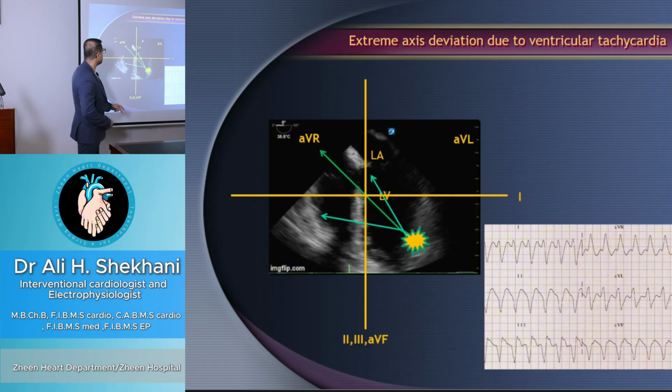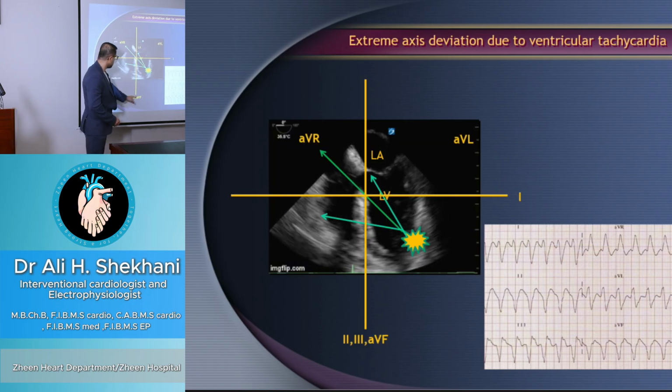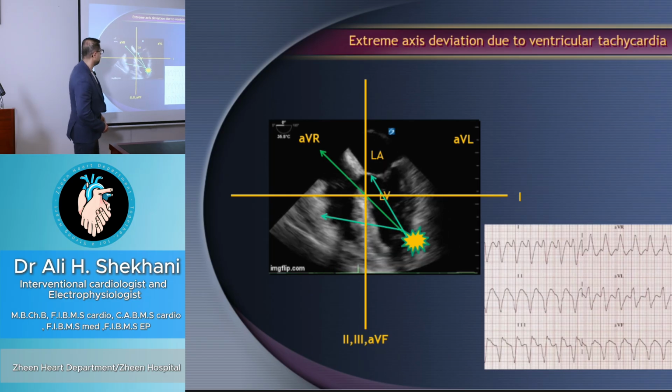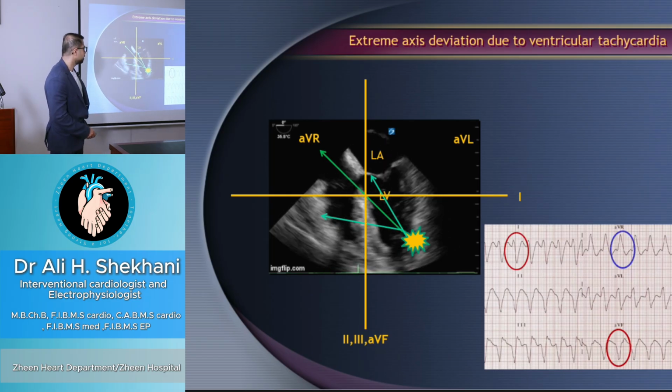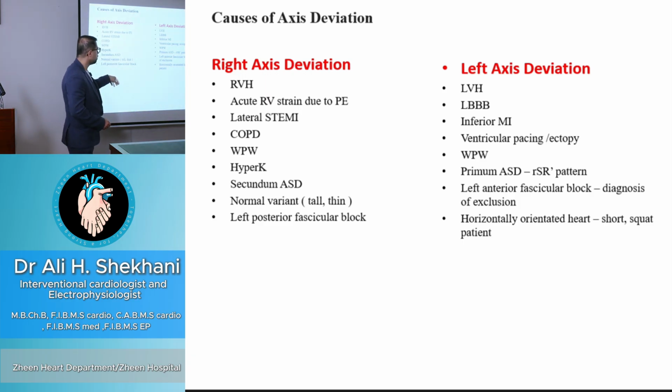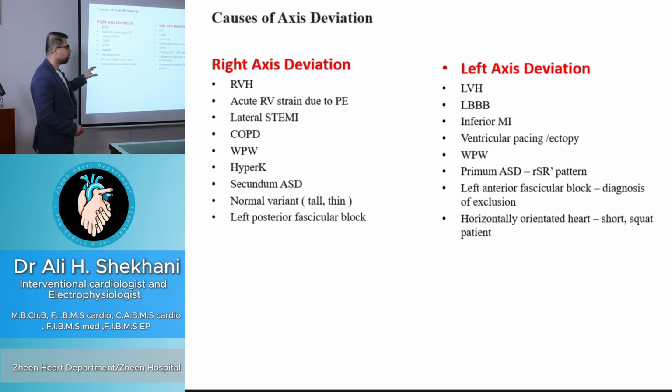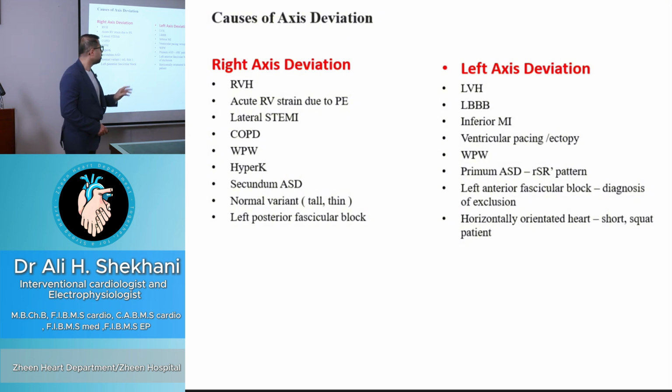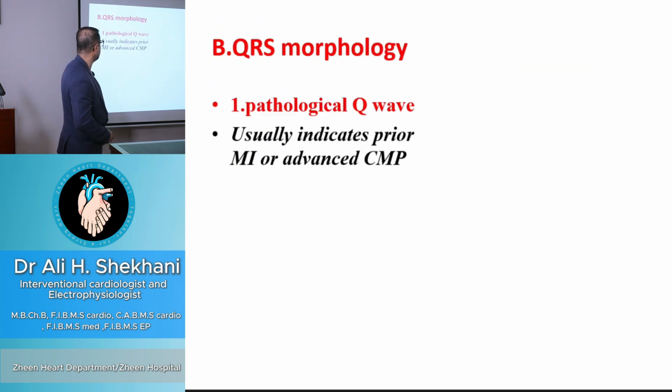If we put an ECG lead, lead 1 is opposite to this direction, AVF also opposite, so both of them become negative and AVR becomes positive. And of course, each one of them has several causes. I will not enumerate the causes for the sake of time. You can read later on.